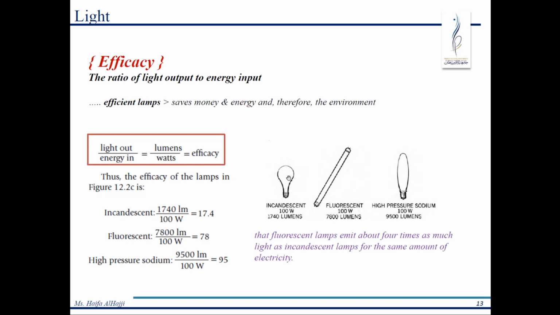For example, for the incandescent, we just divided 1740 lumens by the wattage of that lamp, and it's 17.4. So as we can see, the higher the efficacy number, the more efficient it is. So in this example, the most efficient type is the high pressure sodium.